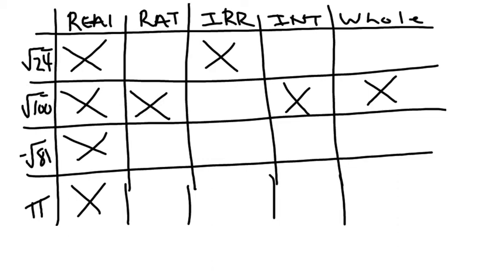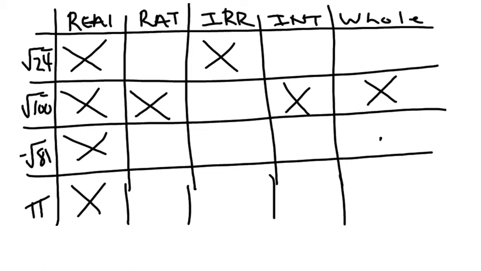Now let's do the negative square root of 81. What is the square root of 81? It's 9. Is it a perfect square? Yes. So it's negative 9 because they want the negative version, right? So it's a perfect square. Is it a whole number? No, all whole numbers are positive.